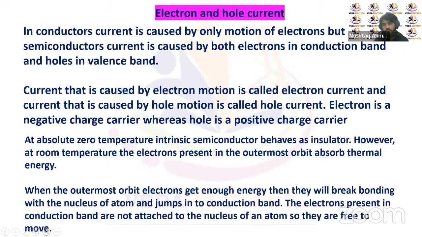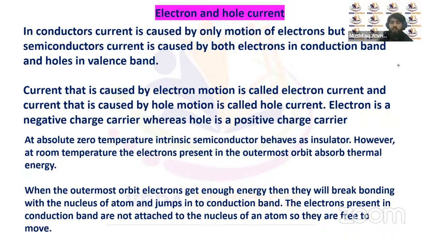Now, talking about the electron-hole pair current, so electron and hole current. We know in conductors current is caused only by the motion of electrons, but in semiconductors the current is because of both the electrons as well as the holes created.